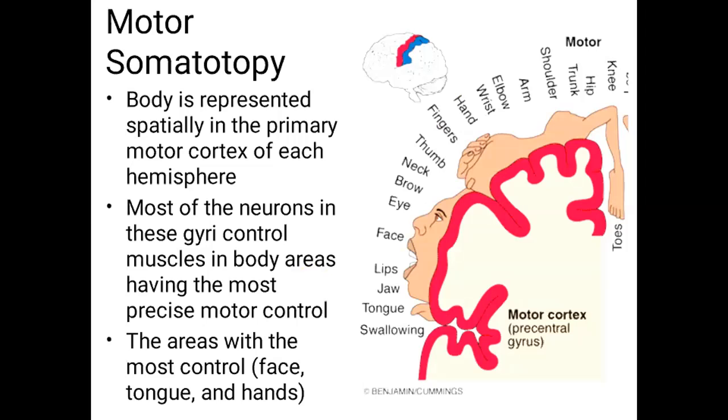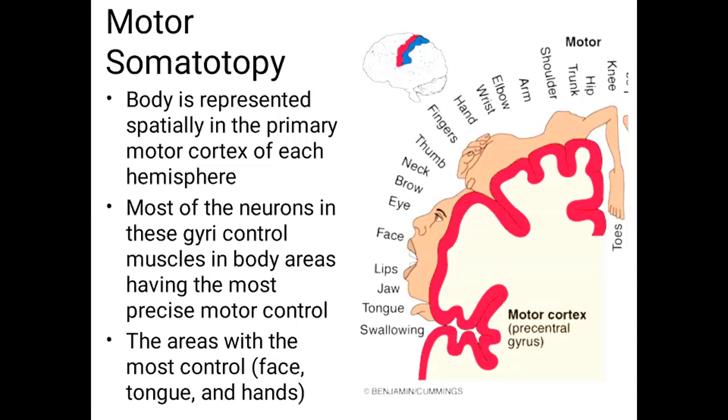One thing you can see from this representation is that it is proportional to the skill with which the part is used, especially for fine and voluntary movements. The larger representation for the hands is there, larger representation for the face is there, and so on.